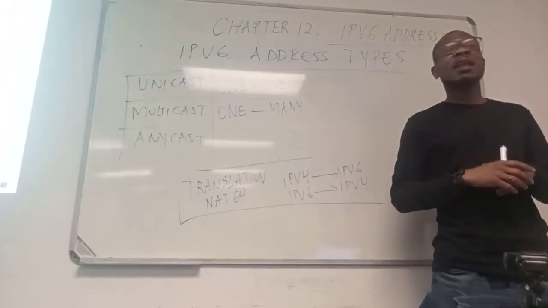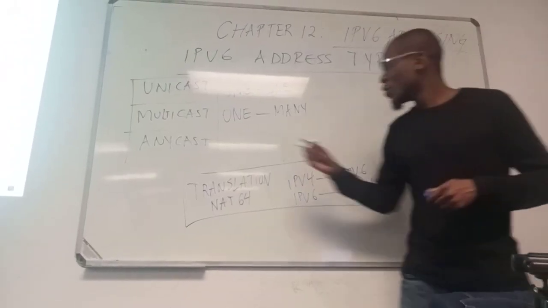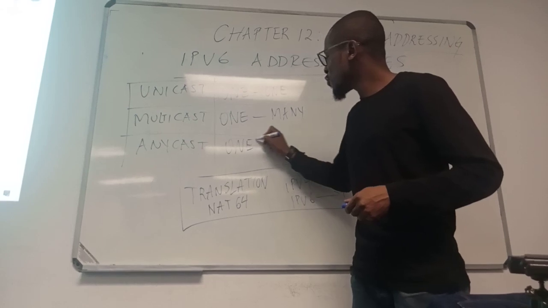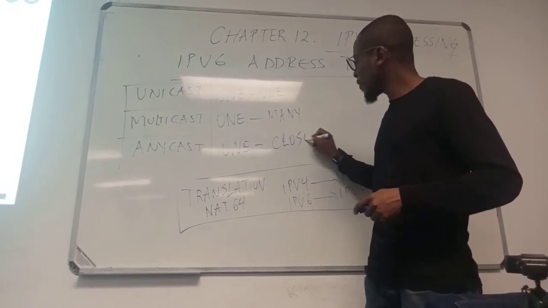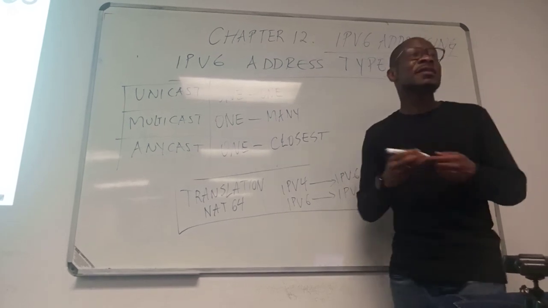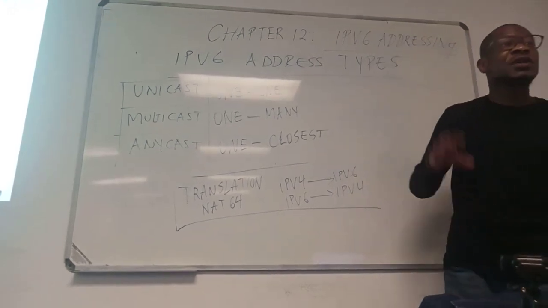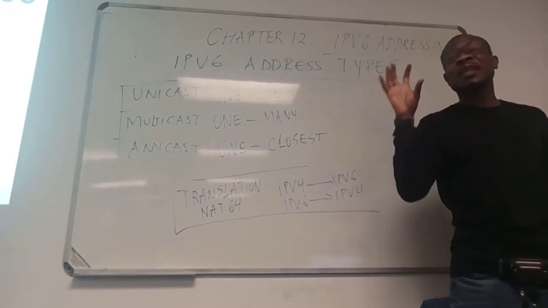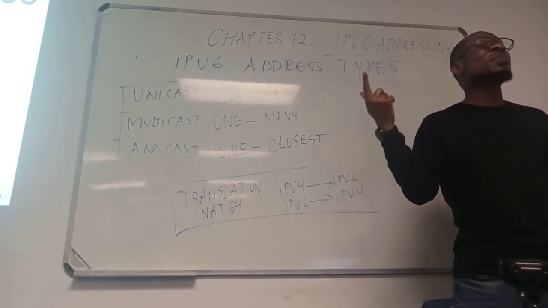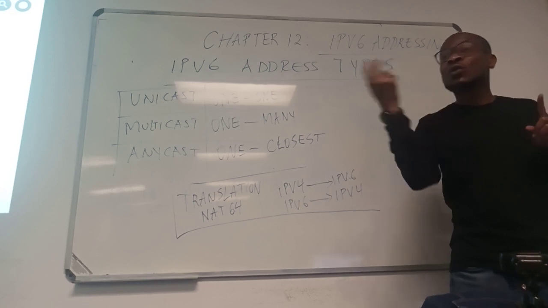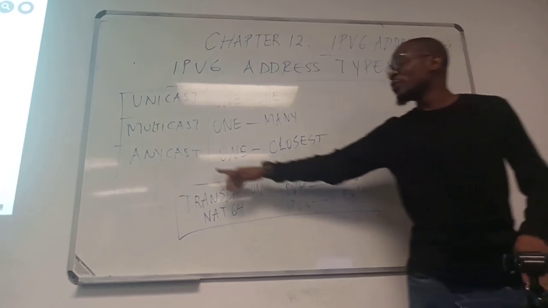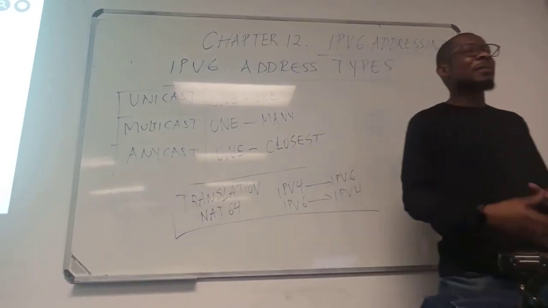And the last one is anycast. One to the closest. Right? So what does it mean? You are going to have so many computers that are going to use the same IP, right? But when you want to talk to the closest one, you can use what we call the anycast IP.